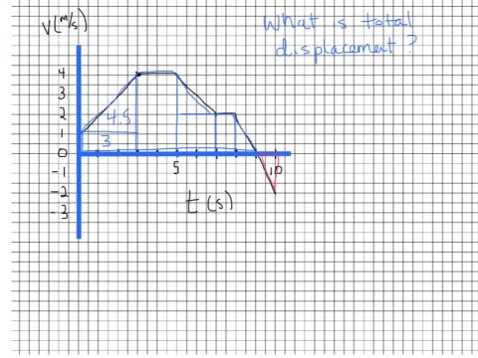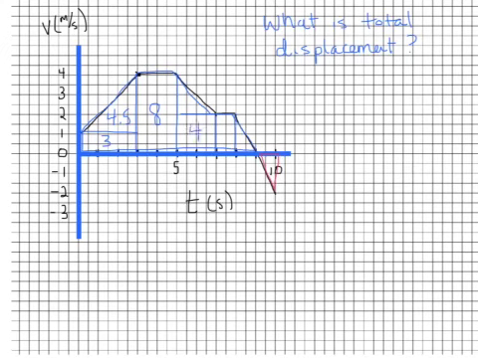If I look at the rectangle next to that, it is 2 wide and 4 tall, and 2 times 4 is 8. If I look at the rectangle next to that from 5 to 7 seconds, it is 2 wide and 2 tall, and 2 times 2 is 4.